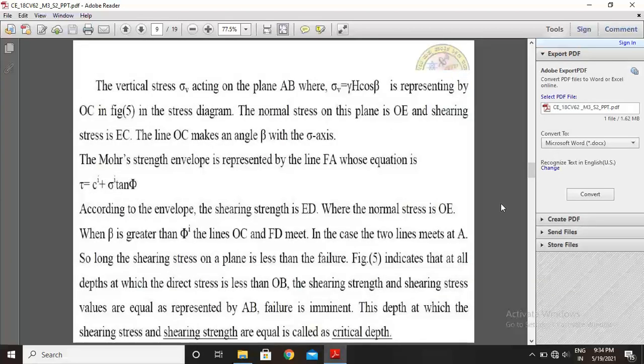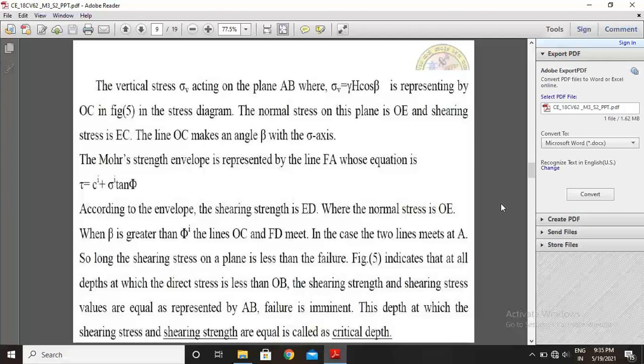The vertical stress sigma V acting on the plane AB, where sigma V equal to gamma h cos beta, is represented by OC in the stress diagram. The normal stress on this plane is OE and the shearing stress is EC. The line OC makes an angle beta with the normal axis.